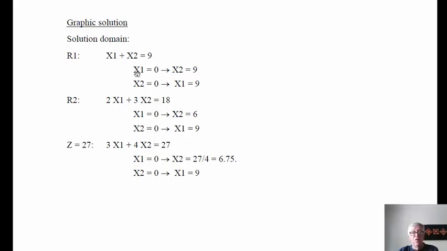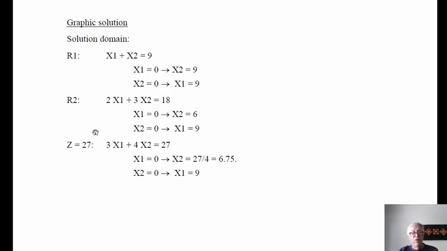To identify the vertical point, we consider x1 equal to 0, and we extract, in this case, 9. To identify the horizontal point where this line crosses, we consider x2 equal to 0, and we get x1 equal to 9. In the second restriction, we do the same. Considering first x1 equal to 0, we extract x2 equal to 6. Then considering x2 equal to 0, we extract x1 equal to 9.